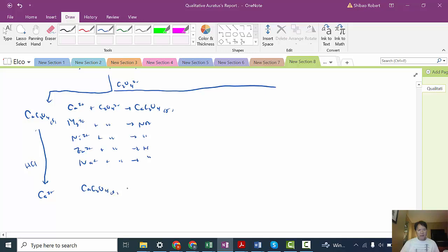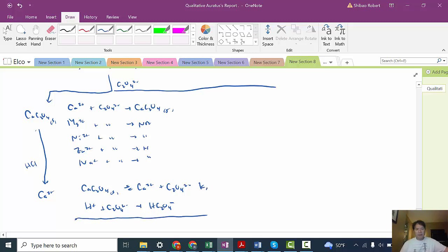Calcium oxalate solid forms calcium ion plus oxalate. Now oxalate's a base, and so the acid will attack the base oxalate, and this is going to form hydrogen oxalate ion. So we can combine these two, as we're looking at Ksp. Maybe we should do hydronium here, then we can see it a little bit easier.